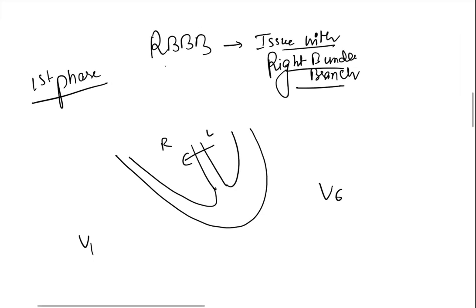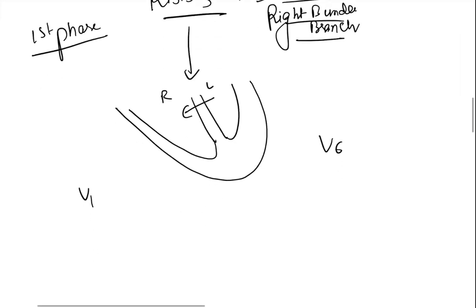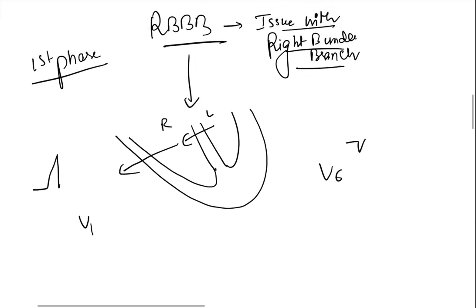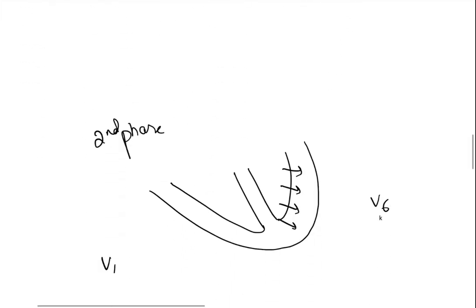So in RBBB, the septal depolarization is normal, it's not affected. Since the current of depolarization is towards V1, you get a septal R wave, and since it is away from V6, you get a septal Q wave. So this first phase of depolarization is not affected in RBBB. Now coming to the second phase.